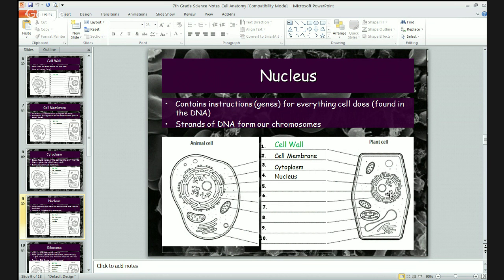It looks like a big circle with squiggle lines in it and a smaller circle inside. The squiggle lines are your DNA. Those are where your genes are. That determines what color hair you have, what color eyes, how tall you're going to be.